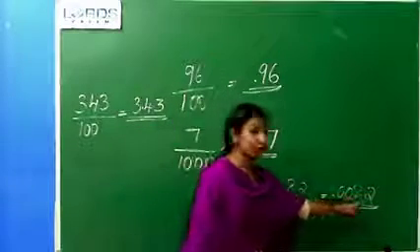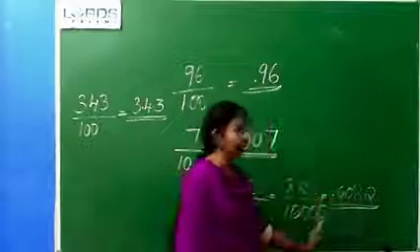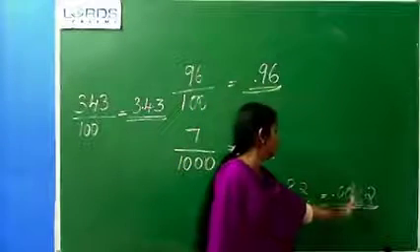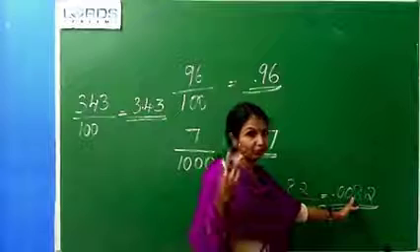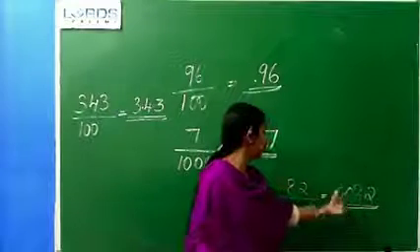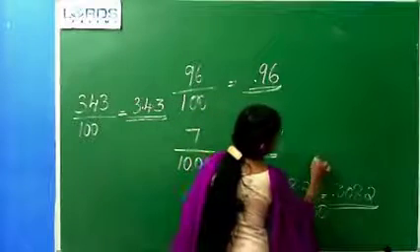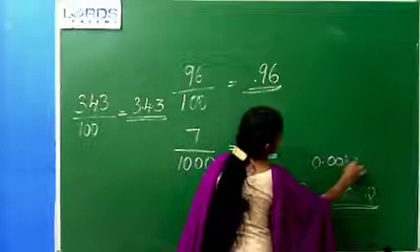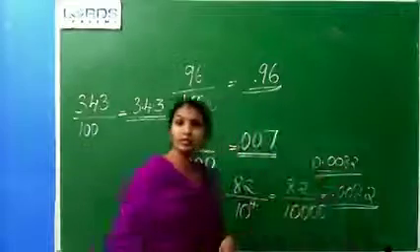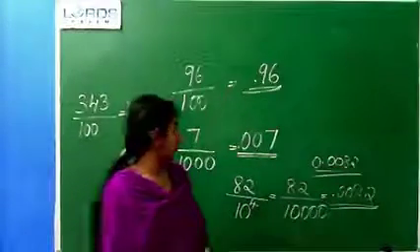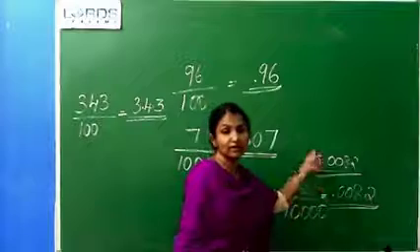So first 82, then from right to left we are checking 1, 2. So it should be filled by 2 zeros. So we wrote 2 zeros and the point. If you want, you can write it as .0082 or 0.0082. Both are same. There is no change in these two.